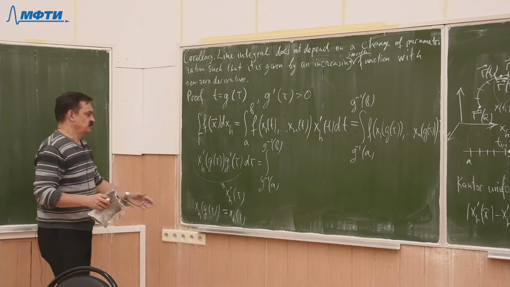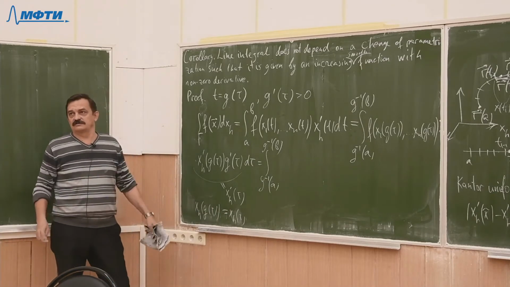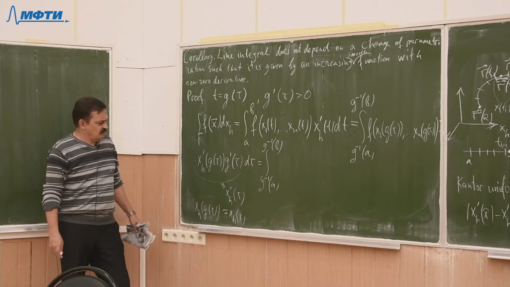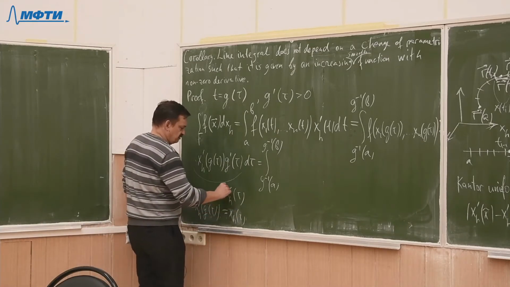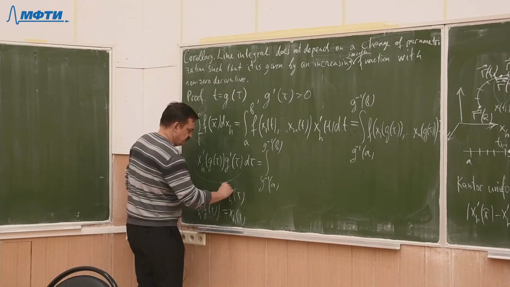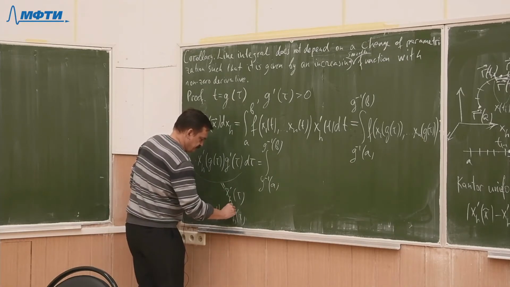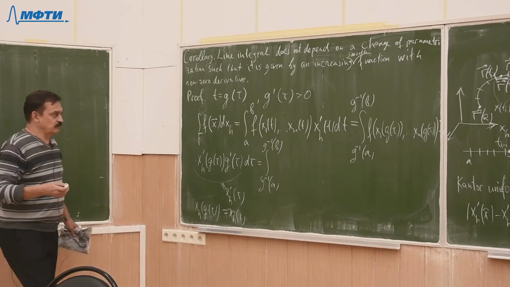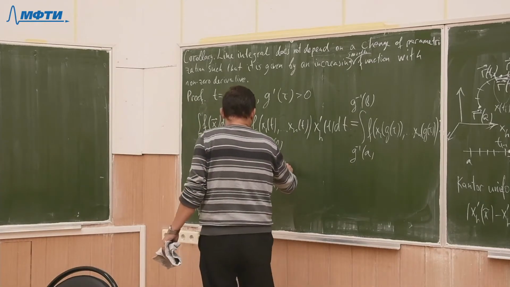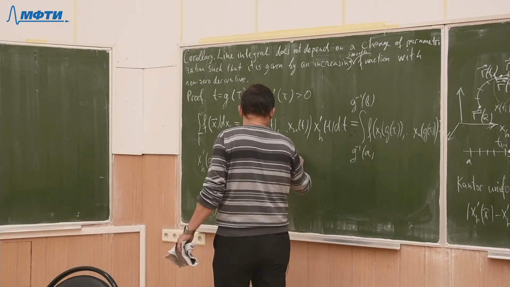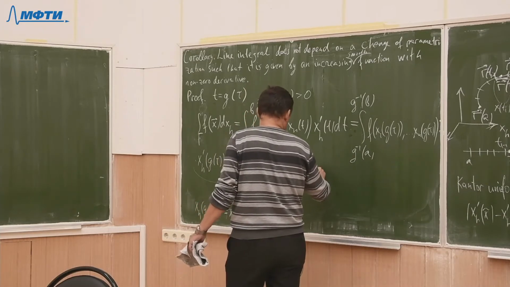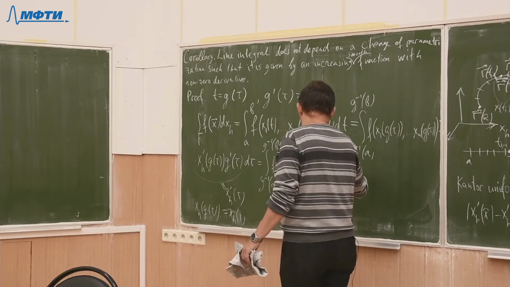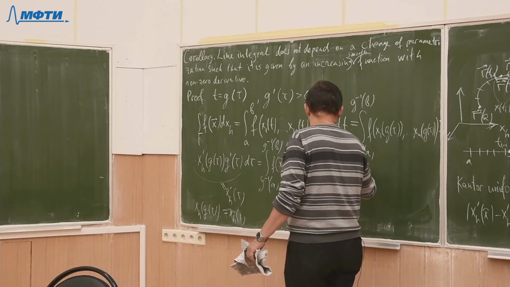I should change the letter here, of course, right? Okay, let me put a tilde here. Maybe it will be better. So then what we obtain? f of x1 tilde of tau, so on, xn tilde of tau, xh tilde prime of tau, d tau.